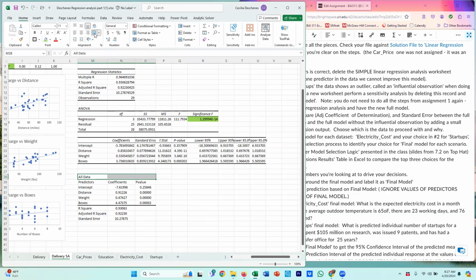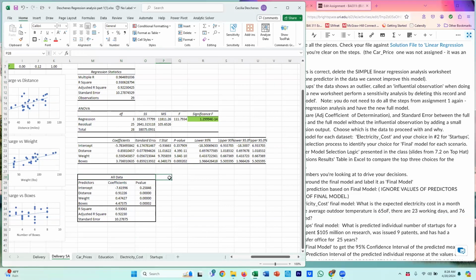That's what this whole model is, and maybe we want to put a little box around it so we're clear. That's model, all data. Now we're going to do the sensitivity analysis right next to it, where we've dropped that outlier value.